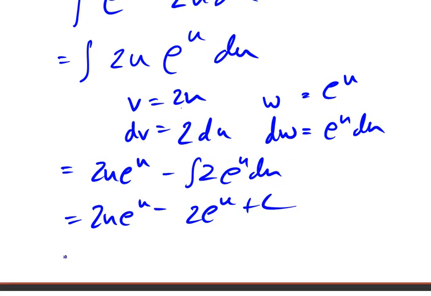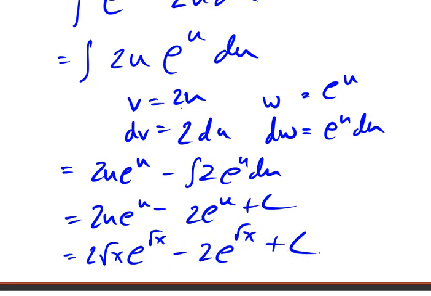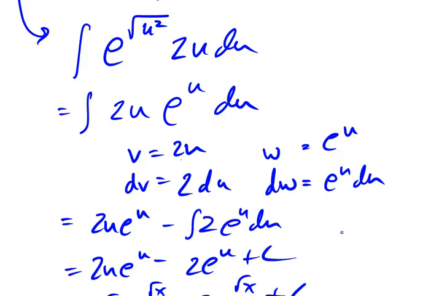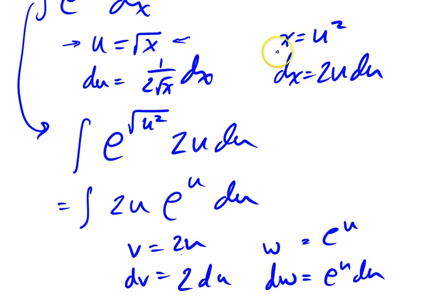So substituting back in, I've got 2 times the square root of x times e to the square root of x minus 2e to the square root of x plus a constant. Okay. So yeah, that was a u substitution, but I think it was easier to visualize, see what we were doing by thinking of it this way, like we might do a trig substitution.